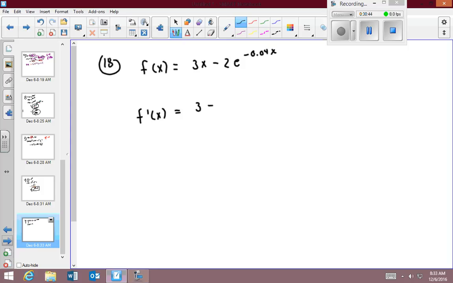So what that's going to be is 2e to the minus 0.04x times the derivative of the exponent, which is negative 0.04.